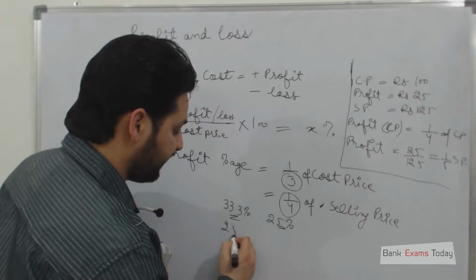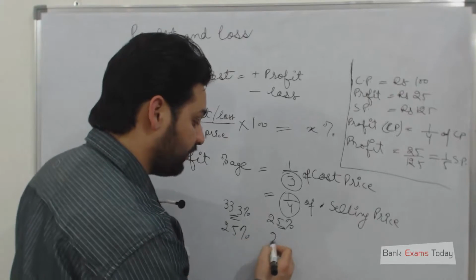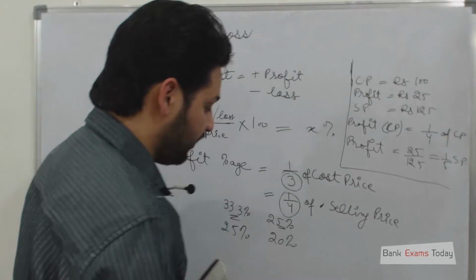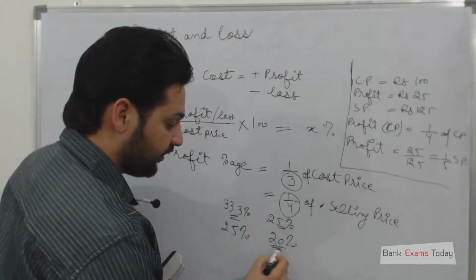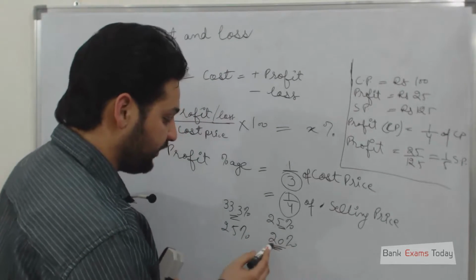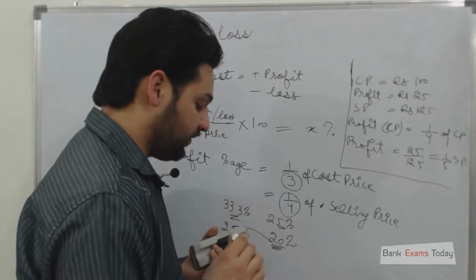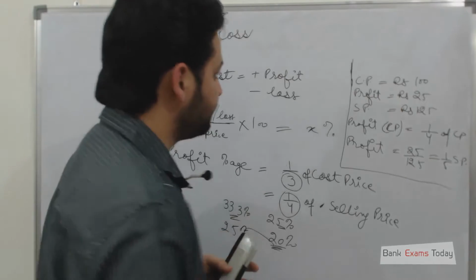If it is 25% of cost price, it will be 20% of sales price in case of profit. And in case of loss, if it is 20% of selling price, it will be 25% of cost price. So let's do some very simple questions.